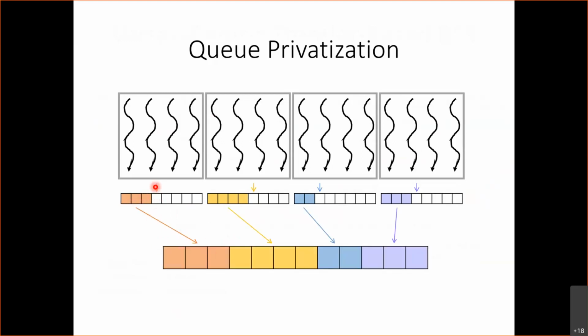By the way, this privatization not only allows us to save on the atomic operation contention, but also when we're writing this local queue to the global queue, our writes will actually be coalesced, because we can have each thread write one of the elements of the local queue to the global queue. Okay, any questions about this?